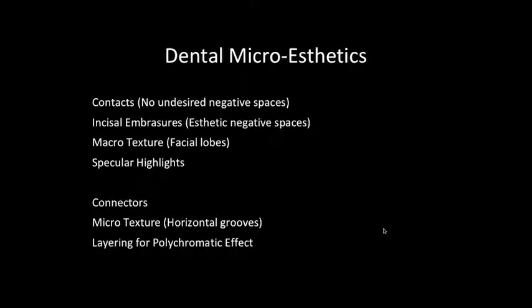And then layering for a polychromatic effect. So layering shades for dentin, body, and enamel to really mimic that transition from the underlying tooth structure, the underlying dentin, showing through the translucent enamel.